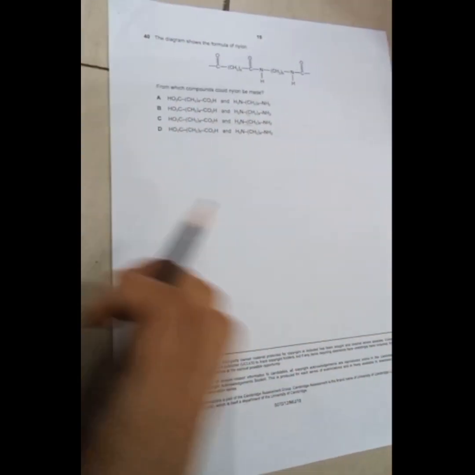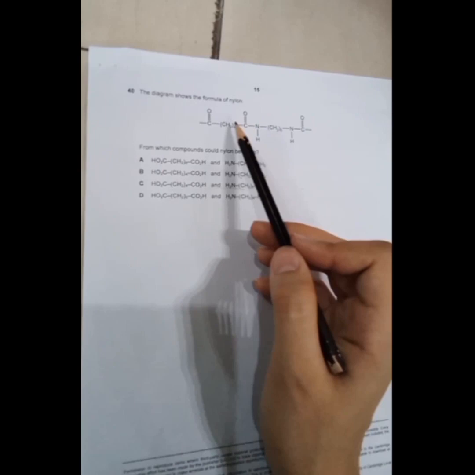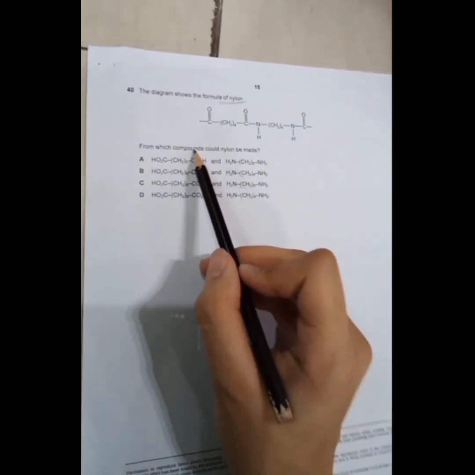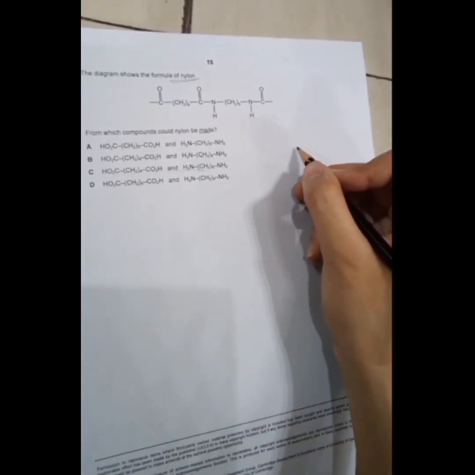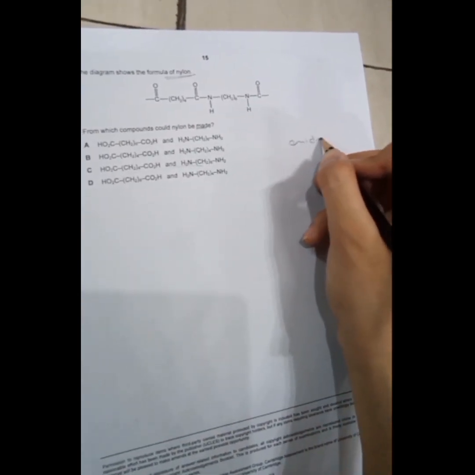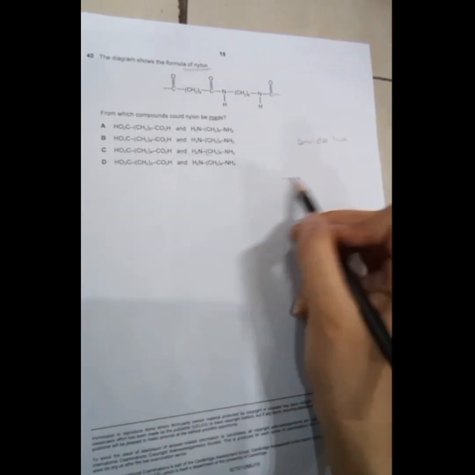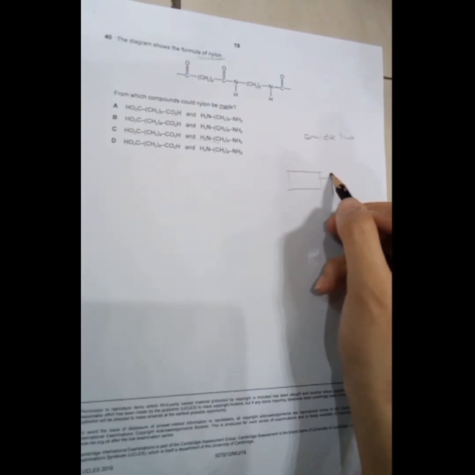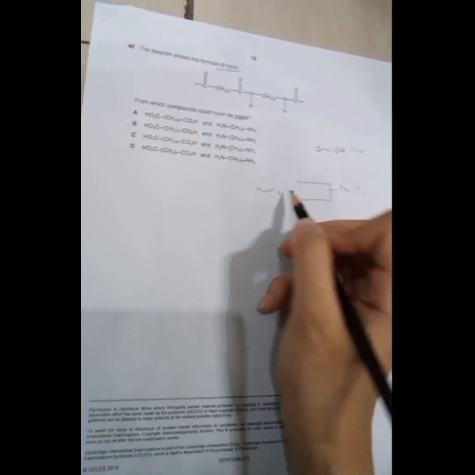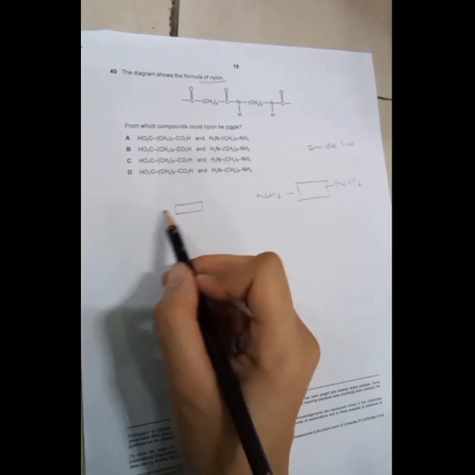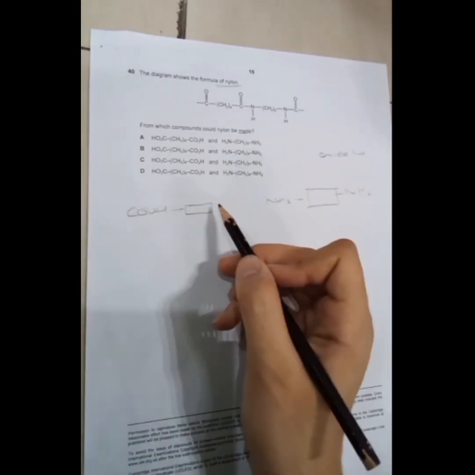Moving on towards the last question, which says the diagram shows the formula of nylon. From which compound could nylon be made? So nylon has an amide link. Now an amide link means that I have NH2 on one side, NH2 on the other side, and COOH, COOH.